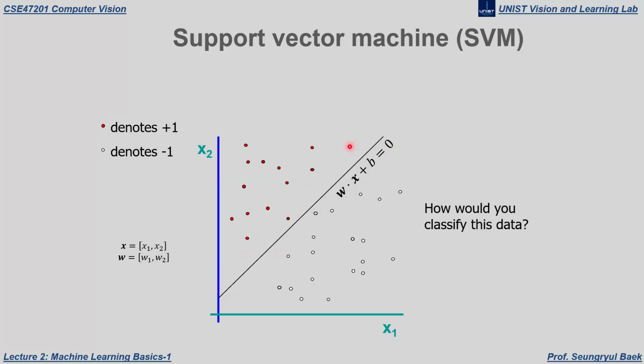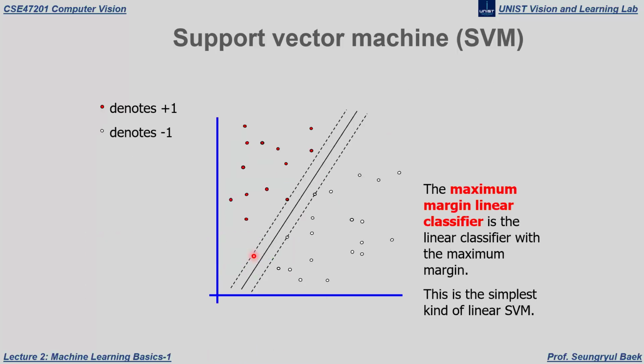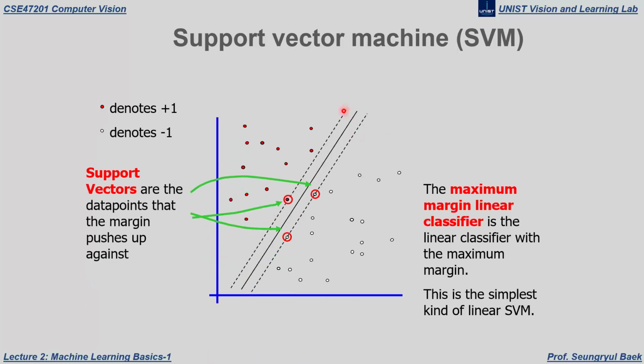they draw another two straight lines. That is actually this. These dotted lines are the two lines whose Wx plus b is equal to 1, or whose value is equal to -1.